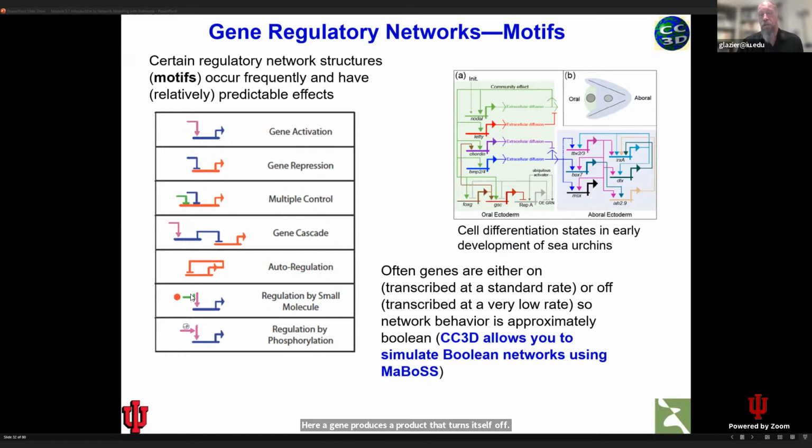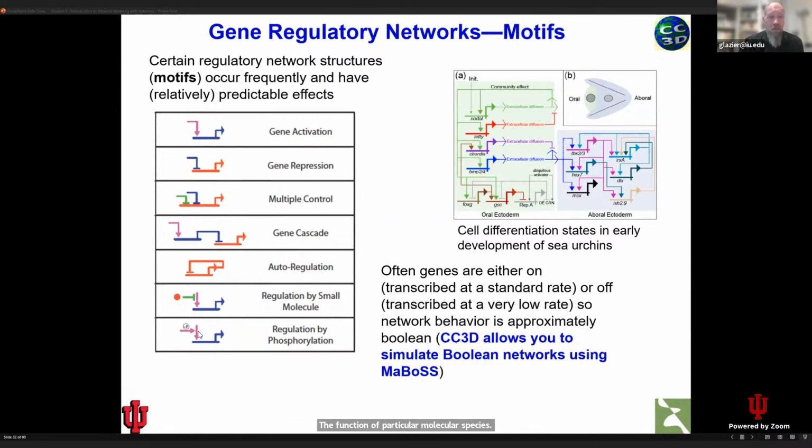Autoinhibition. That's pretty common. You can have things that modulate the effect of transcription factors. Here, a molecule inhibits the activating effect of another molecule. Phosphorylation often has a big effect, either in terms of activating or inhibiting the function of particular molecular species.